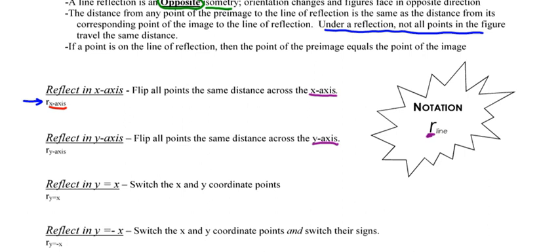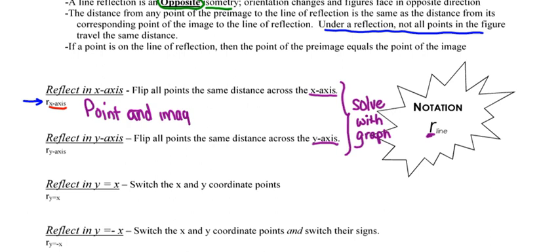So anytime we're reflecting over a horizontal or a vertical line, I would plot these on graph paper and then simply count the distance from the point to the line of reflection, find its image on the opposite side of that line, keeping in mind that the point and its image are the same distance from the line of reflection.